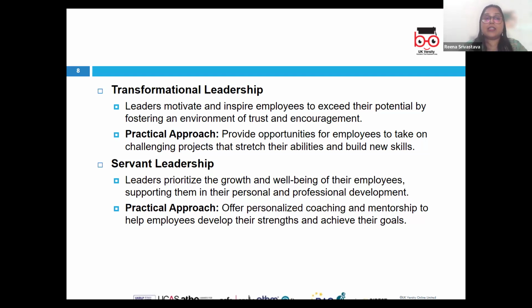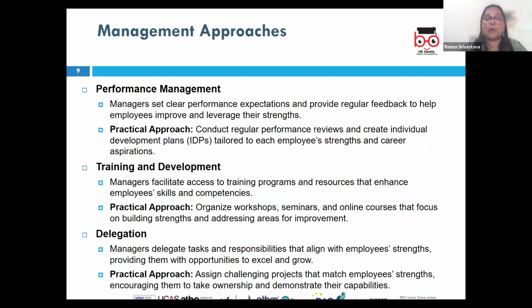If we take a look at the management approaches for developing employee strength, managers, because they are working closely with the employees, are the ones who are able to create a personalized development plan, because they recognize the specific strength area and the growth area.